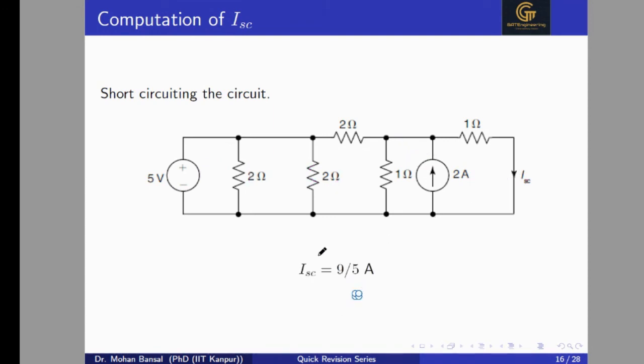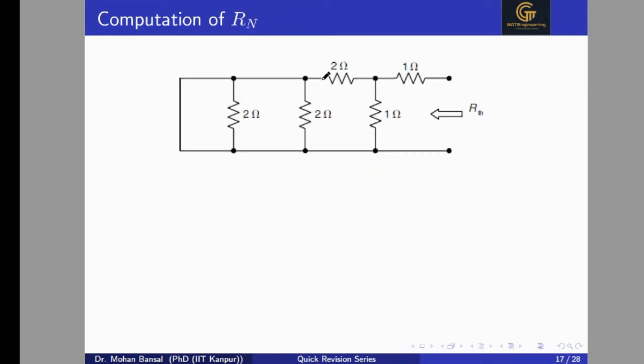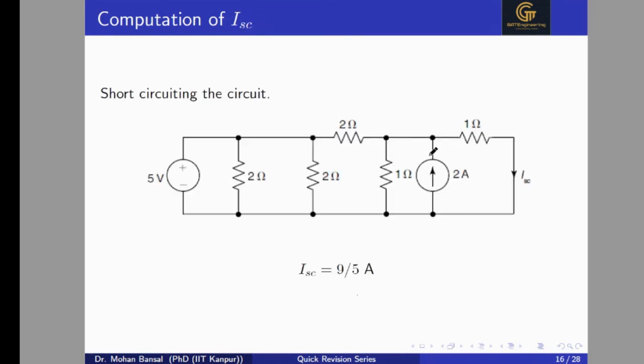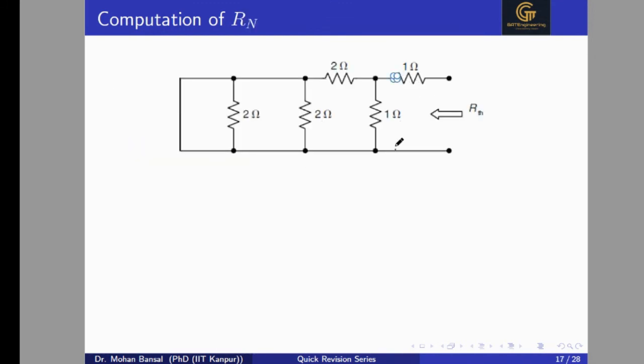Now the second step is finding the RTH and RN. For RTH and RN, this current source will be open circuited and this voltage source will be short circuited. So here we can see that this current source is removed and this voltage source is short circuited. Now we have to compute RTH across this terminal.